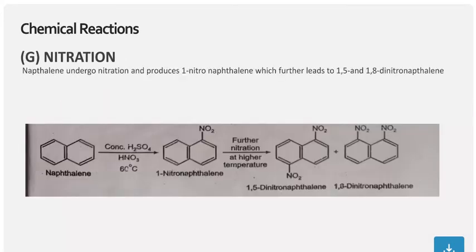Now nitration. You can see naphthalene undergoes nitration, it gives 1-nitronaphthalene, and further nitration at higher temperature, you will get different products, and that is very important, 1,5 and 1,8-dinitronaphthalene.